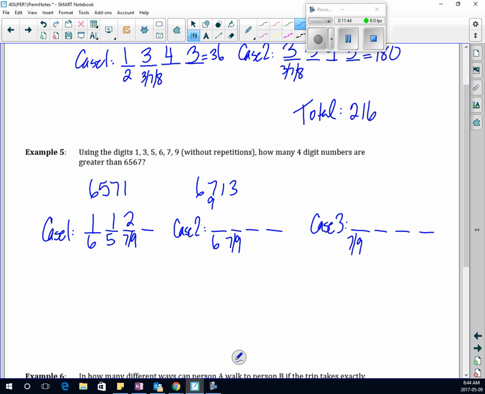We've used up 3 out of the 6, so we have 3 left, so we have 6. So 1, 2, we've used up 2 of the 6 for 3, so we get 24. We have 2 choices here. We've used up 1 of the 6, so we have 5, 4, 3, yes? So that's 20 times 6, 120. So my total will be 150.